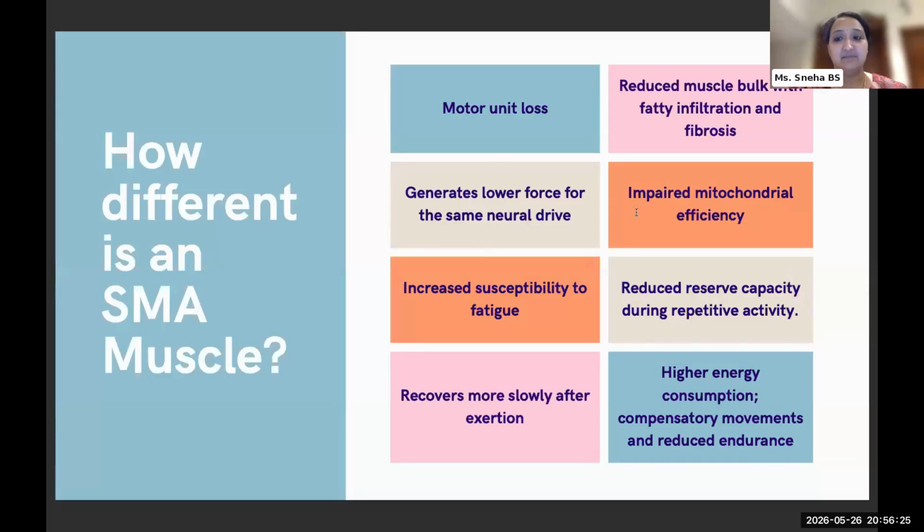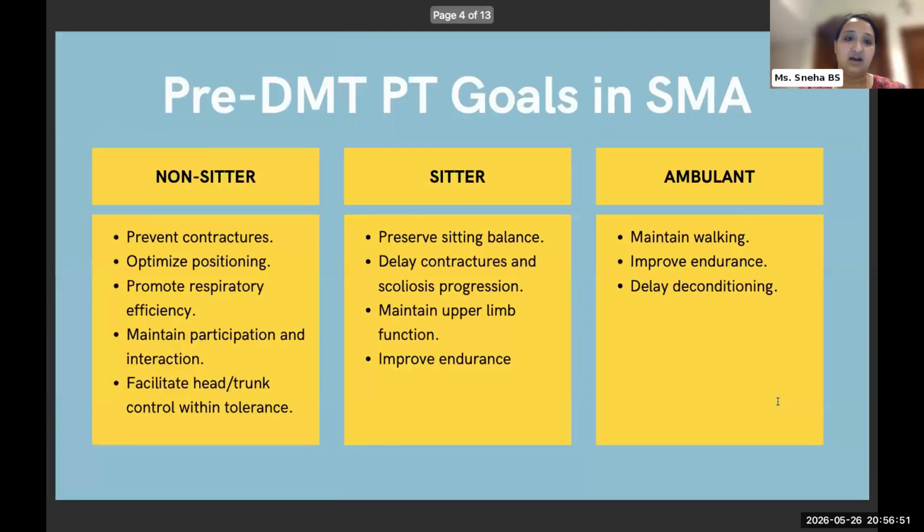It has impaired mitochondrial function, so it is more susceptible to fatigue. These are things we have to consider while prescribing exercise. The recovery period is also pretty slow, there is higher energy consumption to perform regular activities, and the amount of compensatory movement is also pretty high.